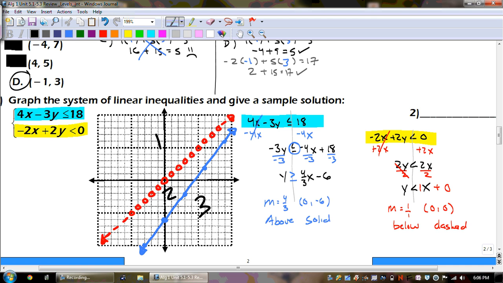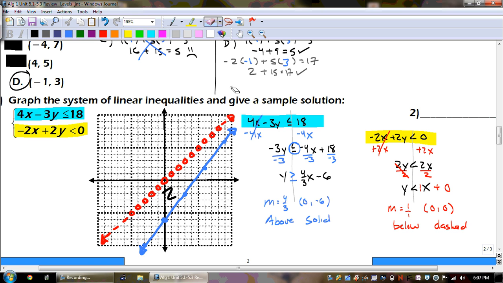Let's look at the blue line. The blue line said that we had to shade above the blue. So if we're going above the blue, yeah, I can cross out 3. The red line told me that I had to go below. So if I'm below the red line, I have to cross out 1.